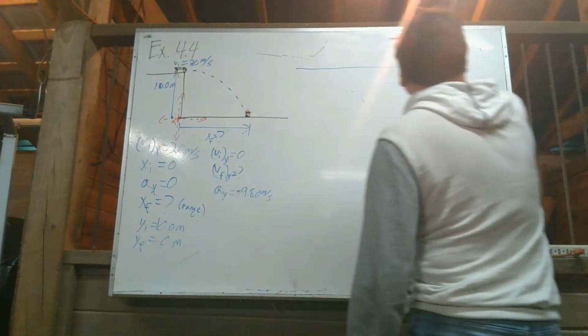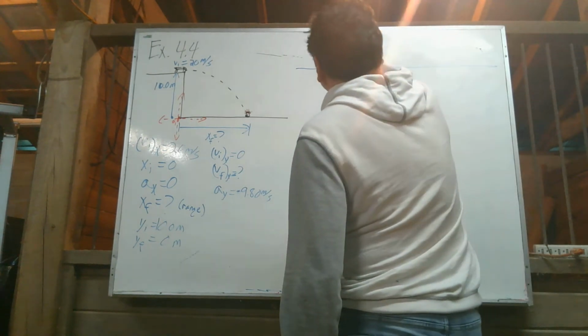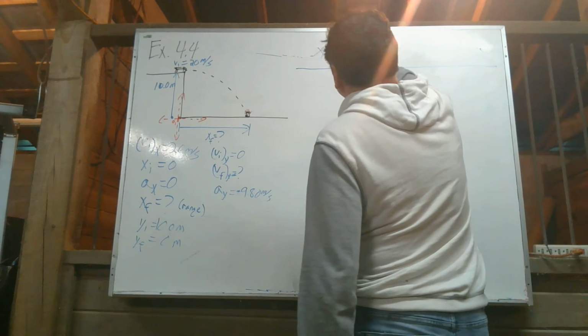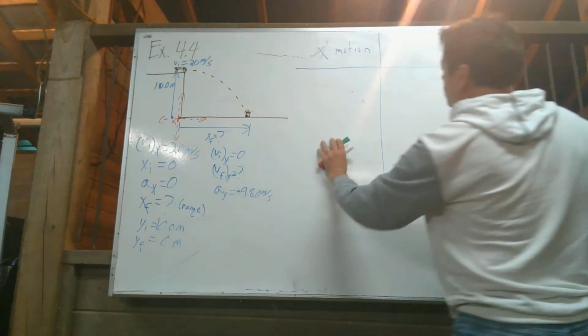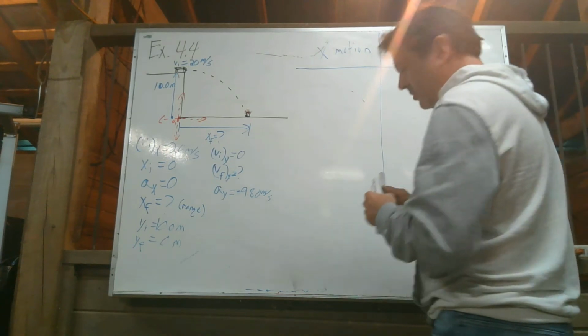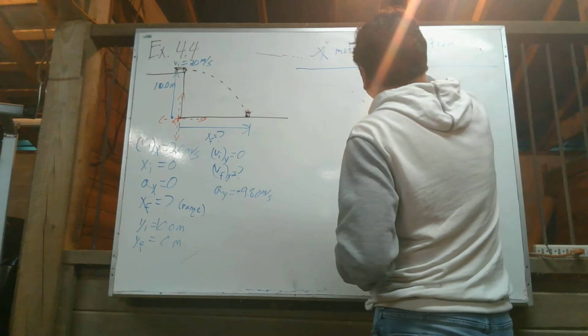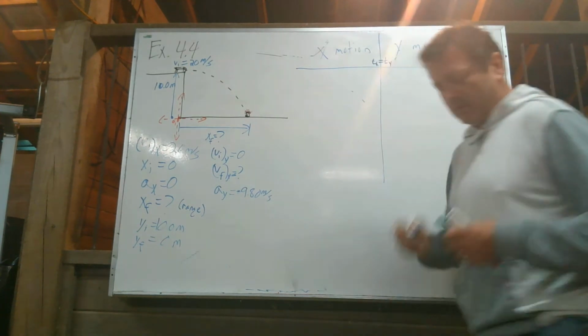So what I will do is deal with x motion on this side of the chart and y motion on that side of the chart. And I will remember that the time in x equals the time in y.